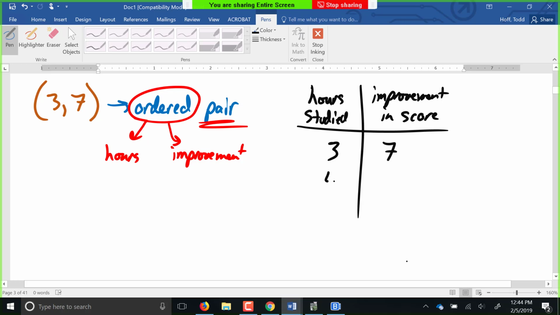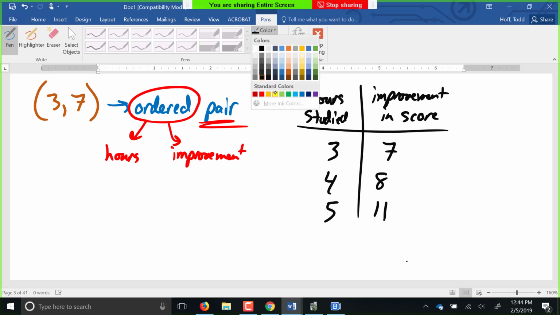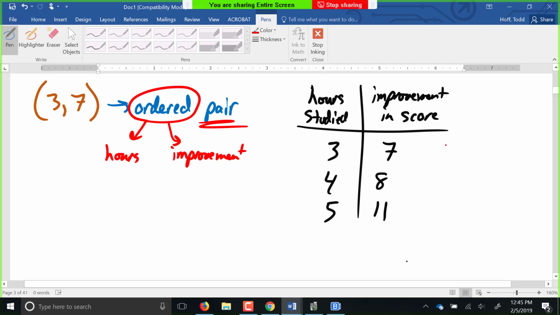I might add somebody who did 4 hours studied and had an 8-point improvement. Or 5 hours studied but had an 11-point improvement, and so on. So we can express those values in a table, and all of them, of course, will give ordered pairs. This one we said was 3, 7, and 4, 8, and 5, 11.